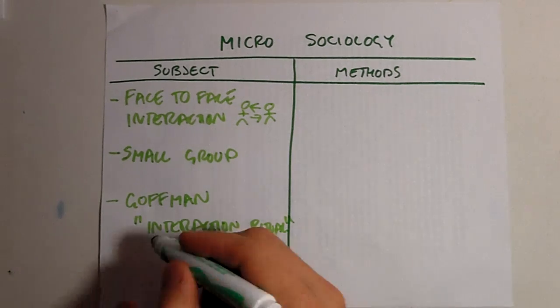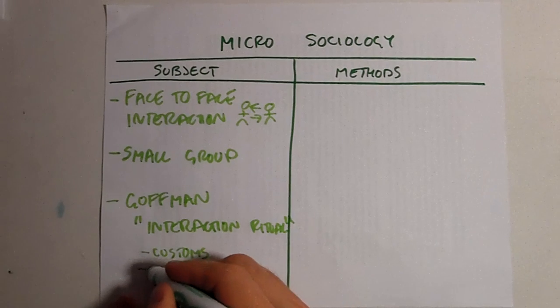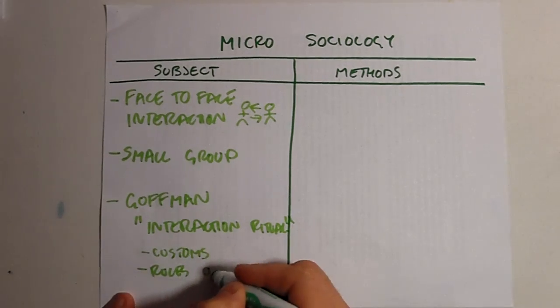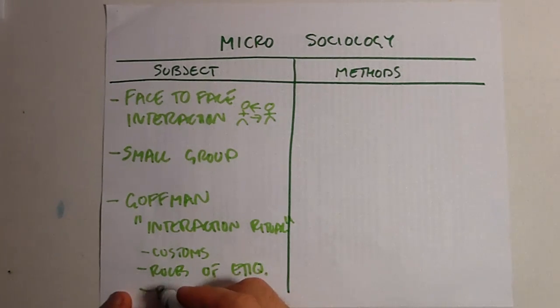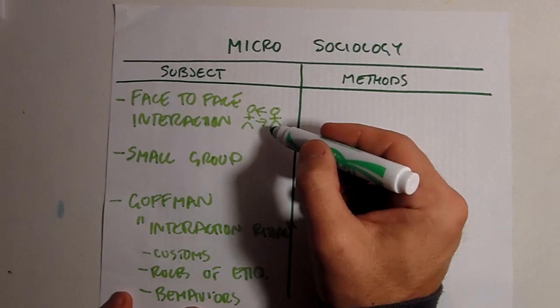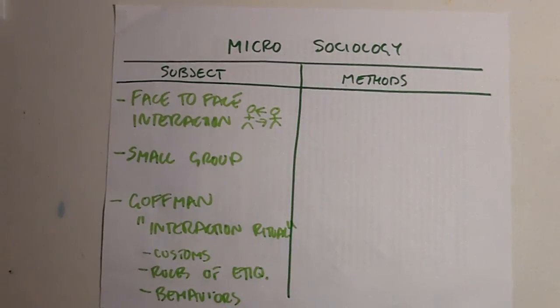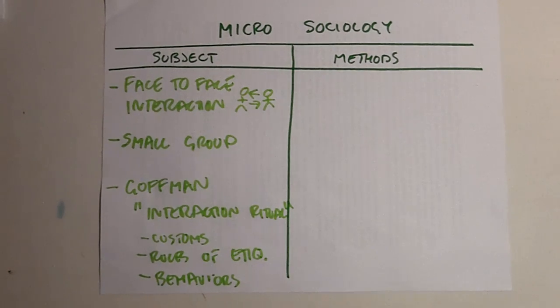In this book, Goffman examines the customs, the rules of etiquette, and the behaviors that govern face-to-face, individual-to-individual interactions. These are things like shaking hands, nodding, answering questions, smiling, saying please and thank you, and all the other things that your parents tried to teach you when you were young.